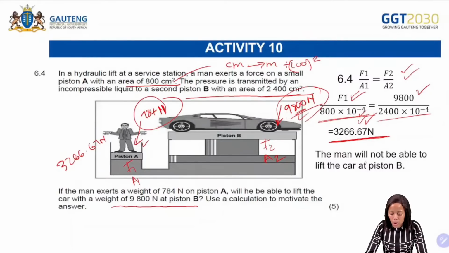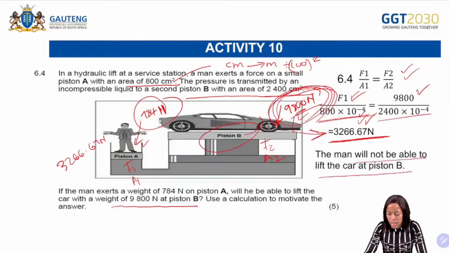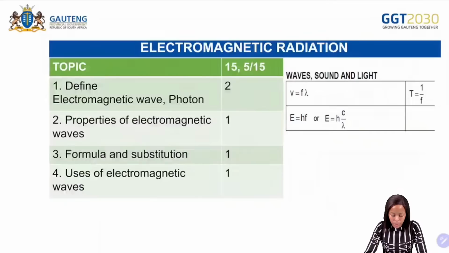So therefore, the man will not be able to lift the car at piston B. Why? Because the car already has a force of 9,800, and that force is greater than the 3,266,67 that we got there.